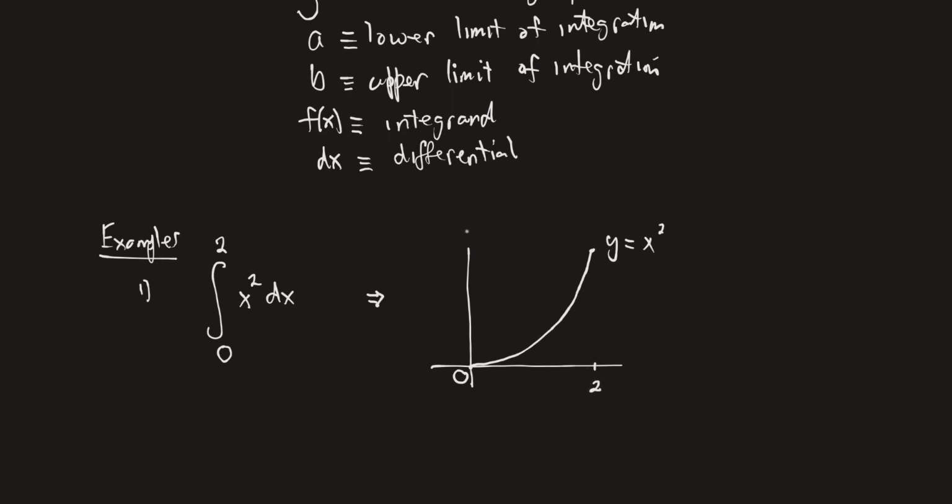And if I wanted to, I could even indicate the corresponding y value, right? It goes up to y equals 4, because if I take 2, plug it into x squared, I'll get 4. But remember, the way this problem is defined, the region is bounded between the graph of the function and the x interval. So this right here would be the region, right?